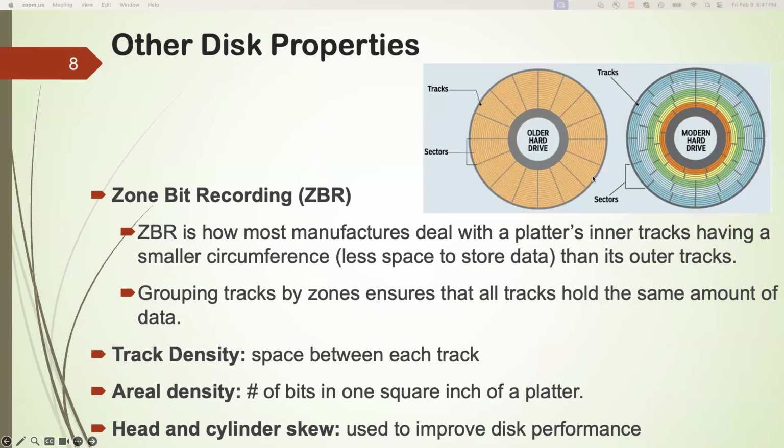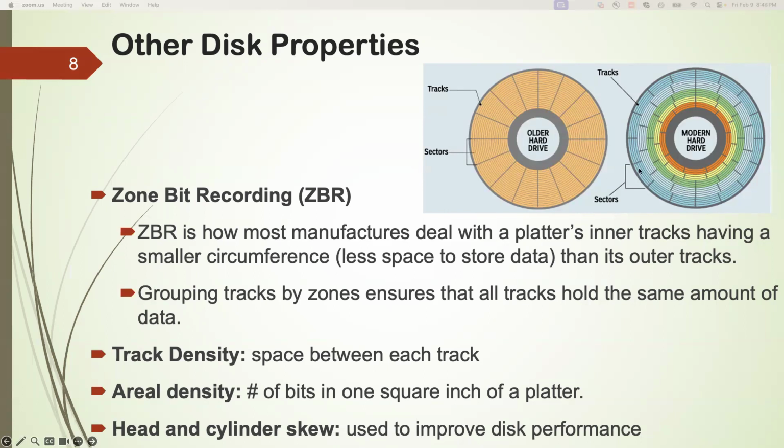In order to avoid that, or to better utilize the physical space that we have on the platters, the physical region in which we can write data, we came up with something called zone bit recording, or ZBR. What we did was divide the whole platter into different zones, and each zone has say four or five different tracks.